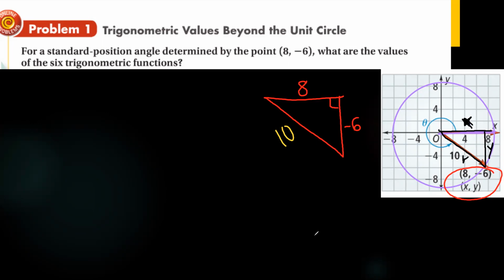Now, what did you need to find? You need to find sine of angle theta.